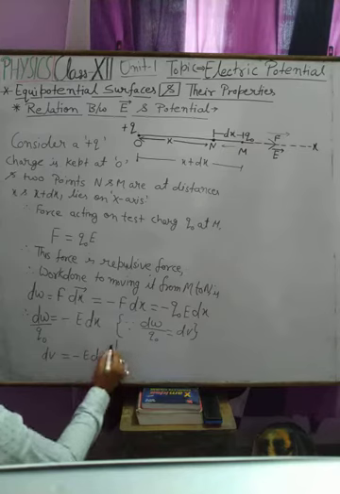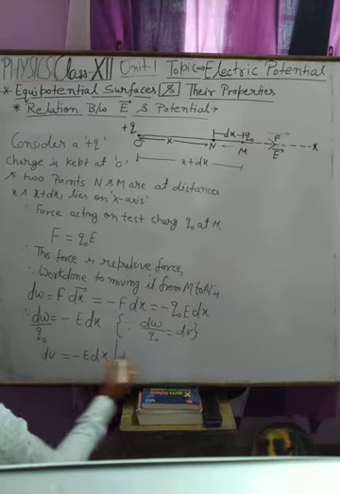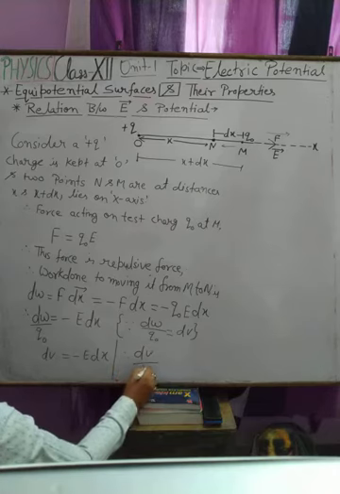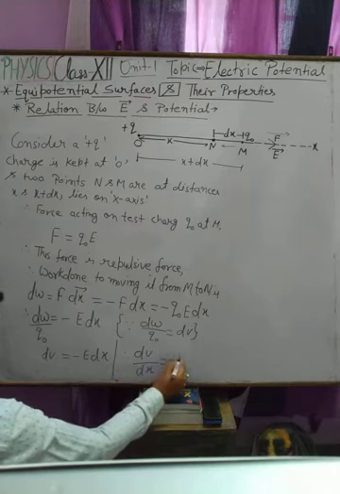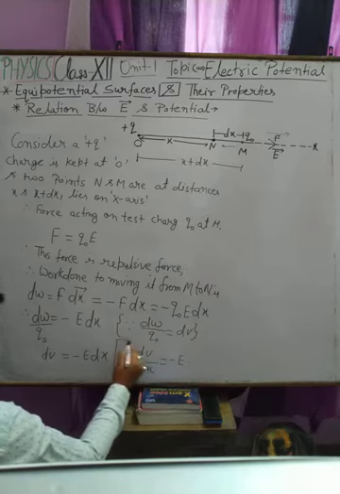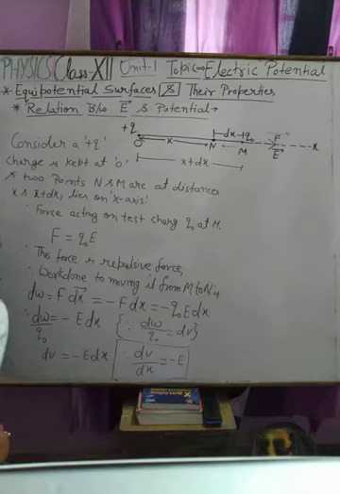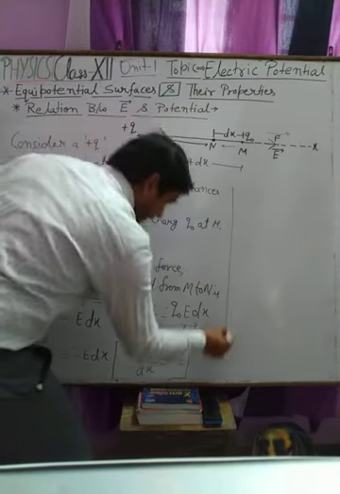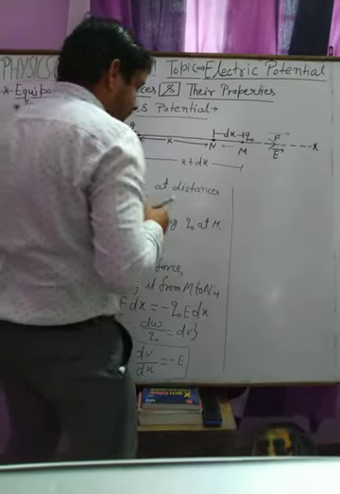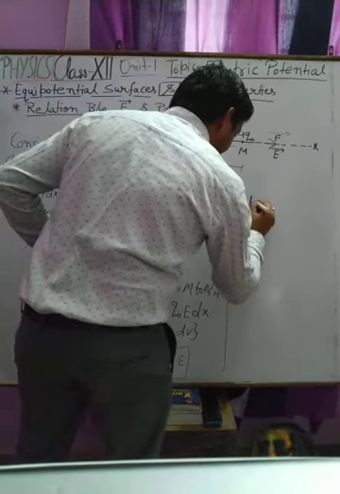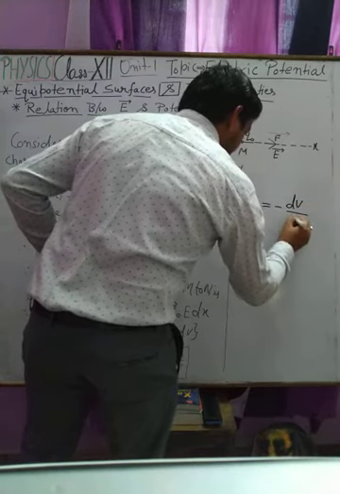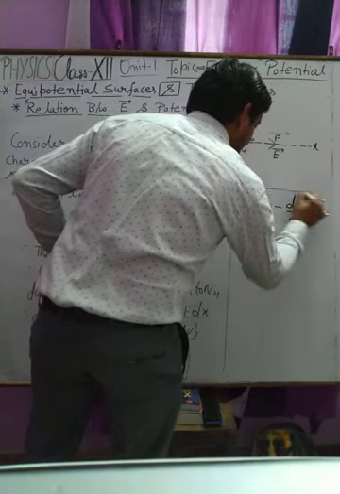Here this relation dV upon dx equal to minus E, or we can also write this equation as E is equal to minus dV upon dx.